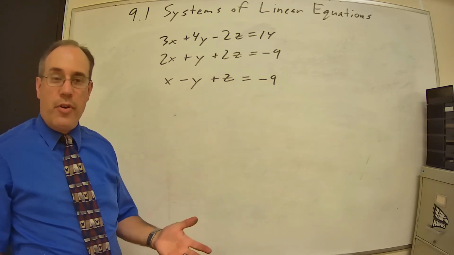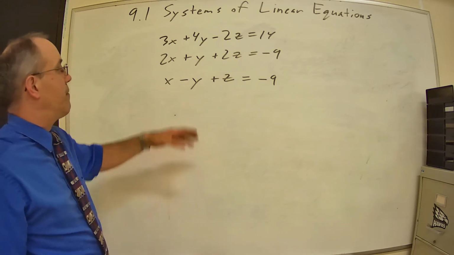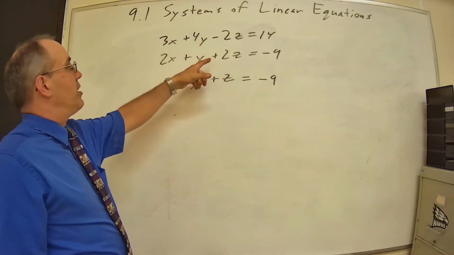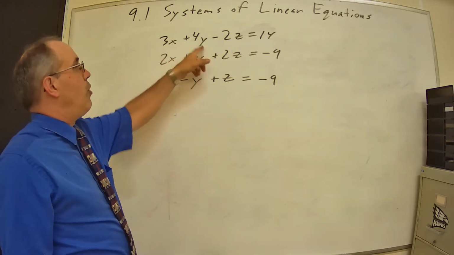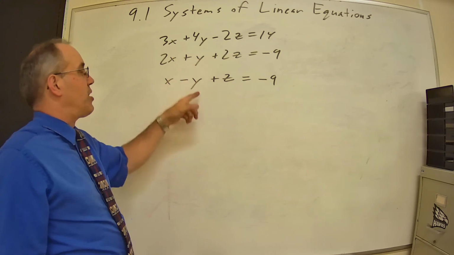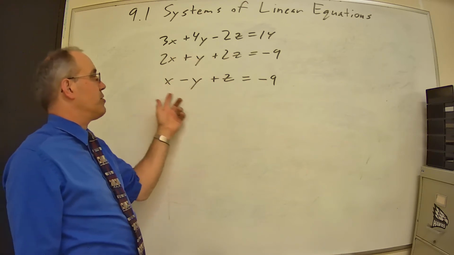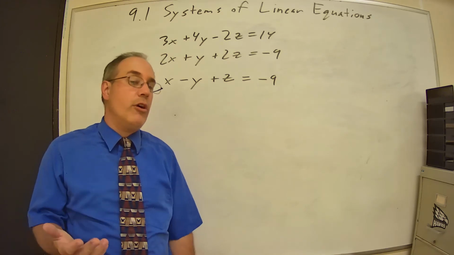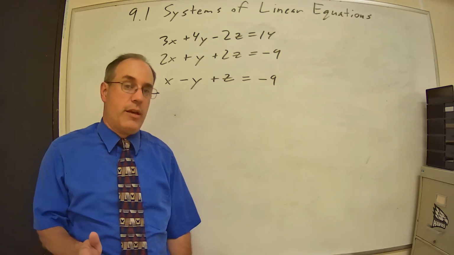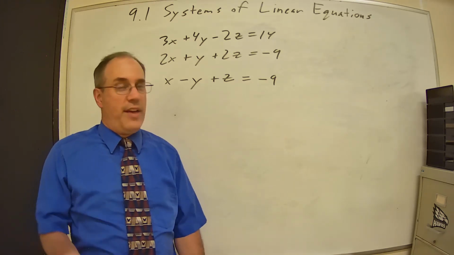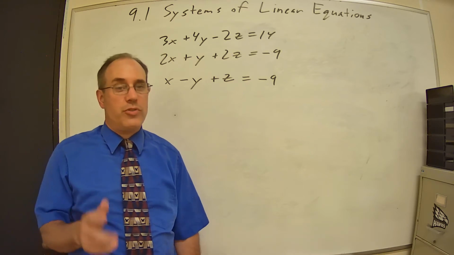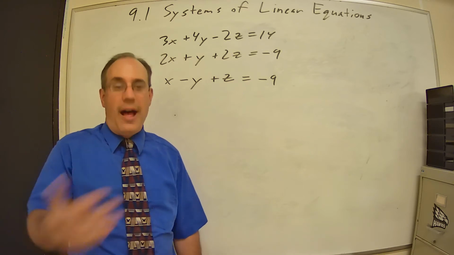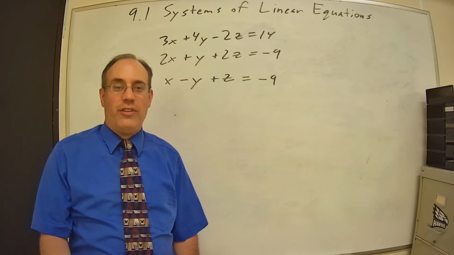The problem, though, is that this one would leave me with an equation in terms of x and y. This combination would leave me with an equation in terms of x and z. So I'd be down to two equations and three unknowns, and that's a bad thing. Because if I have three unknowns and two equations, I cannot solve for the values.